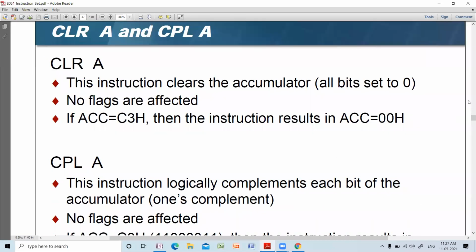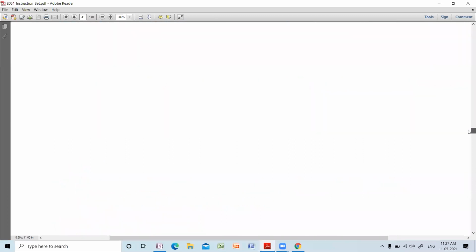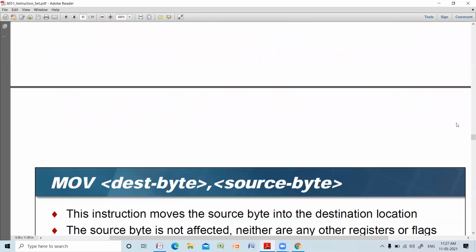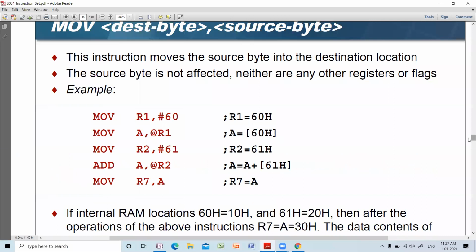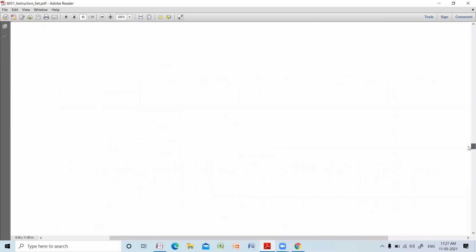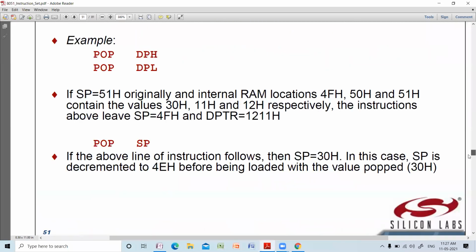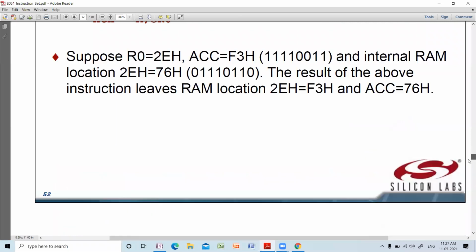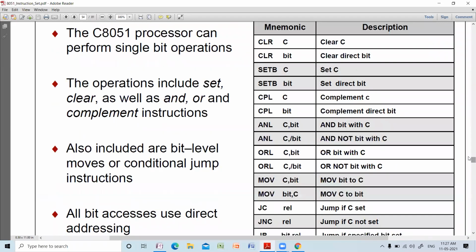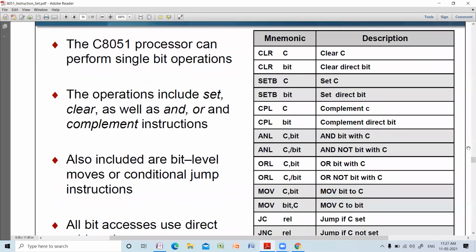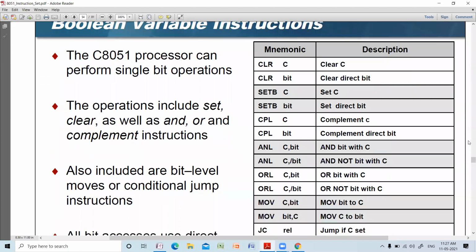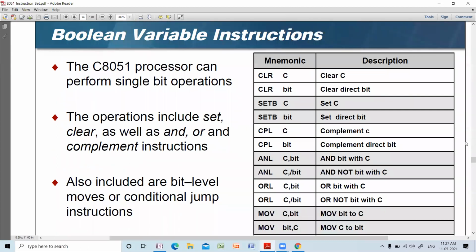After logical operations, we have seen arithmetic operations, logical operations and data transfer operations. So much we have seen. After that, the next operation is Boolean variable instructions, or bit manipulation operations.